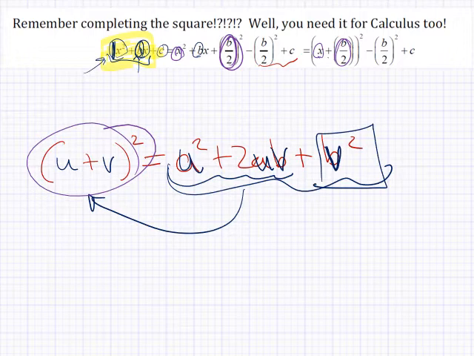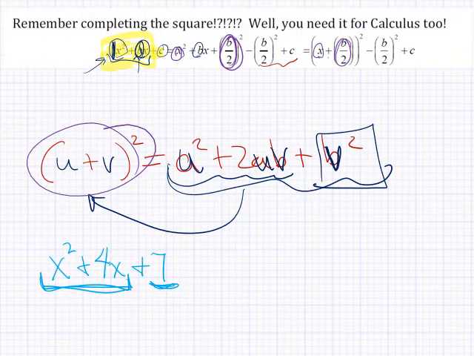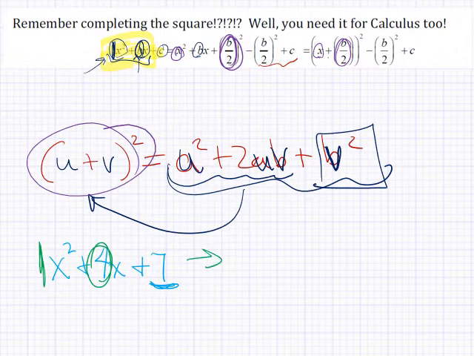So let's just say, for instance, I gave you x squared plus 4x plus 7. And we had to apply completing the square, say, to this. Again, this is the c. Let's just ignore that. Look at this piece right here. You have a 1 in front of your x squared. There's your b. So I can just say equals.